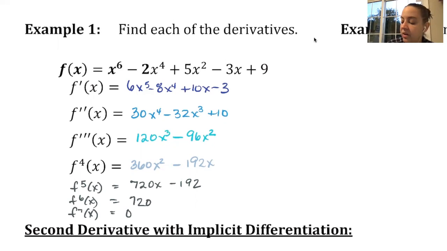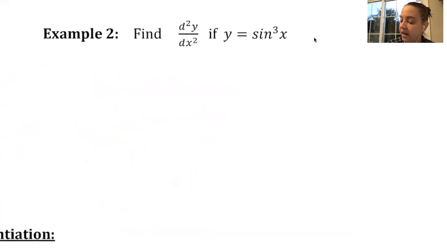If you have a polynomial that only has positive integer exponents, eventually you will hit a 0. If you have negative exponents, well, you've already passed the 0, so they keep getting negative. And if you have fractional exponents, you're going to skip right over that 0. So just a fun little fact there.